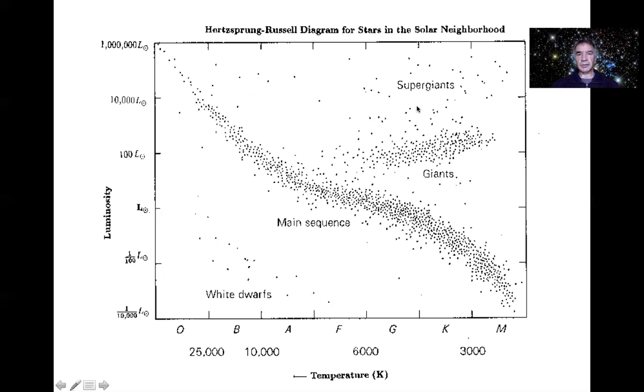And you've got the stars across the top, and those are referred to as supergiants. And then these ones down here, this line of stars in the bottom left diagonal really, are referred to as white dwarf stars. Again, same axes, temperature against luminosity.